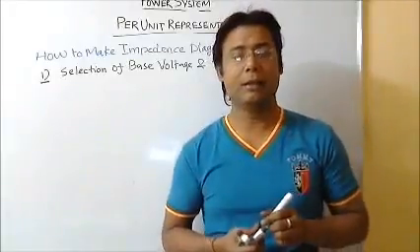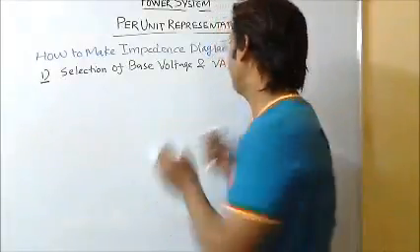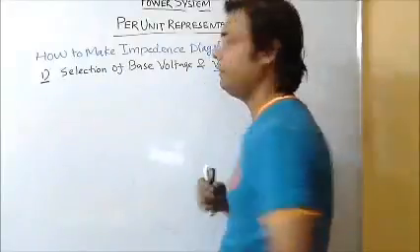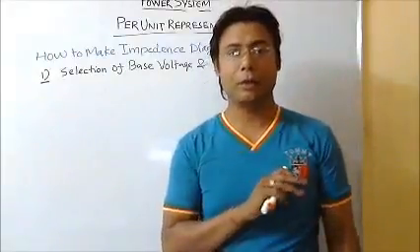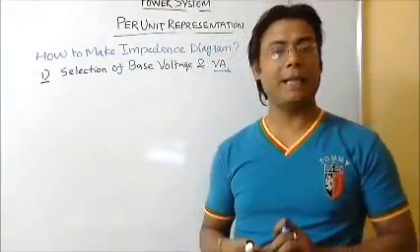The second thing, which is very important, is that once you have selected the VA rating, that will be constant for the whole system. So the base VA will be the same.